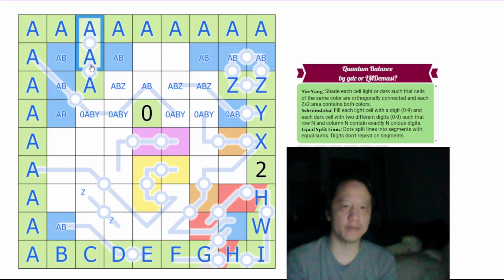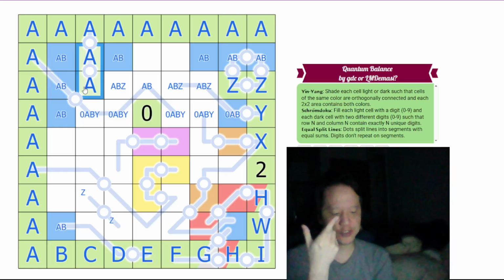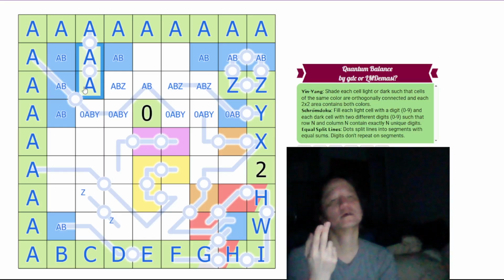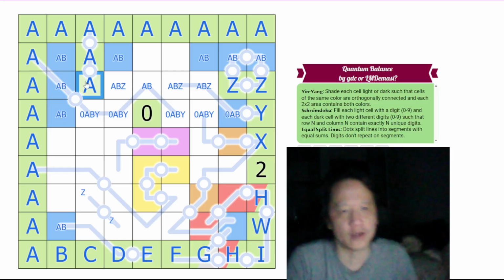Therefore, this cannot be a sum of A and B, so these would all have to be green in the single digit A. Could not be single digit B because that's different from A. A and B added together adds up to greater than A. And Z is equal to A plus B. So it could not be a single digit Z. It cannot be the sum of A and B and A are different. So that's the reason why we have all A's there.